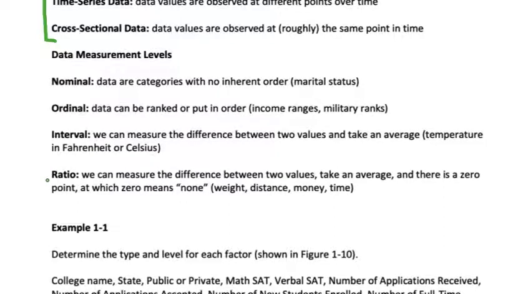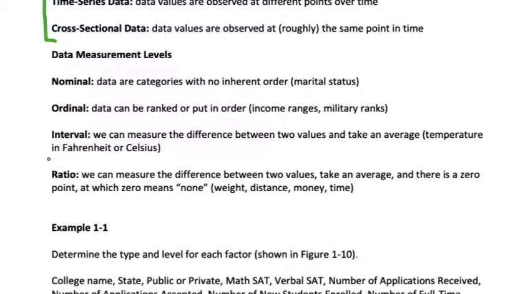In the ratio category, we can measure the difference between 2 values and take an average, just like with interval data, but the ratio category also has a 0 point, at which 0 means none. And so if you think about temperature in Fahrenheit or Celsius, 0 degrees doesn't mean that there is no temperature, it just means that it's a cold temperature.